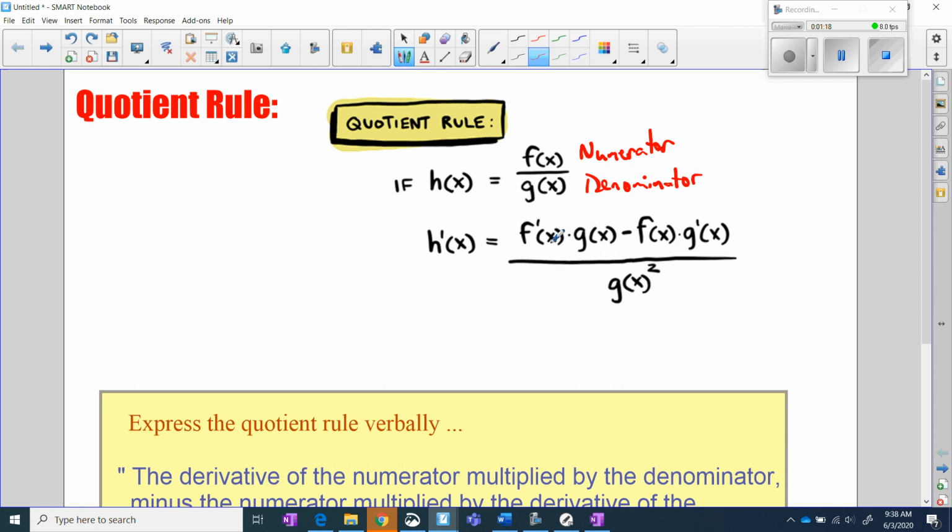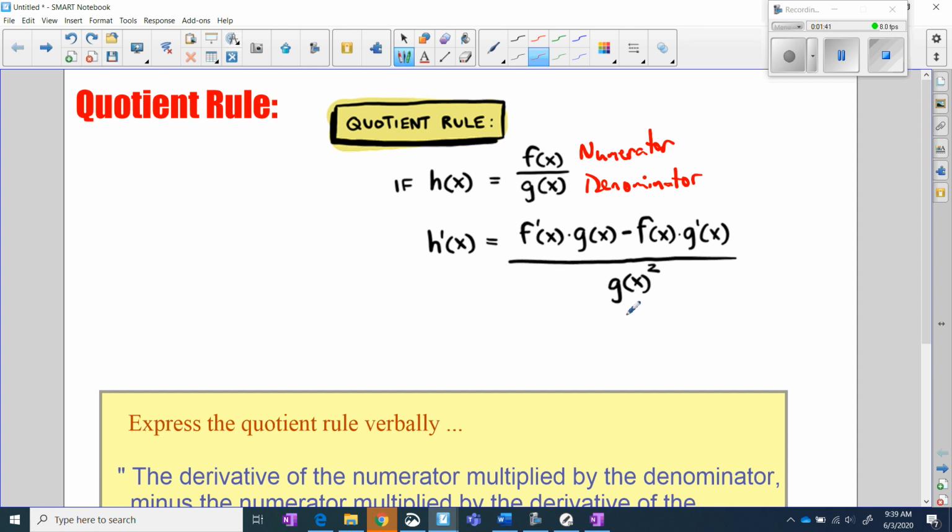If you look at this, f prime of x means the derivative of the numerator. You then multiply that by the denominator, g of x, subtract the original numerator multiplied by the derivative of the denominator, and then everything gets divided by the denominator squared.